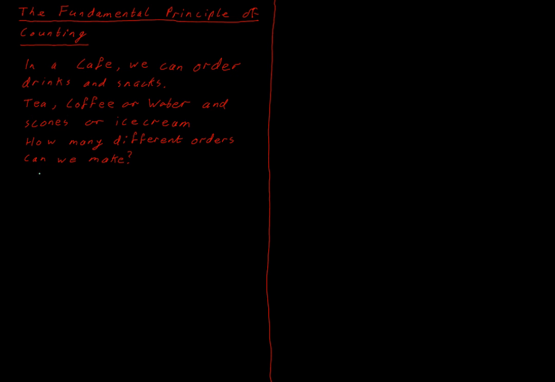So let's list out, to begin with, all of the different possible outcomes, all of the different possible orders. So we could have tea, and with our tea we could have a scone. That's one option. We often put it in brackets with commas in between.